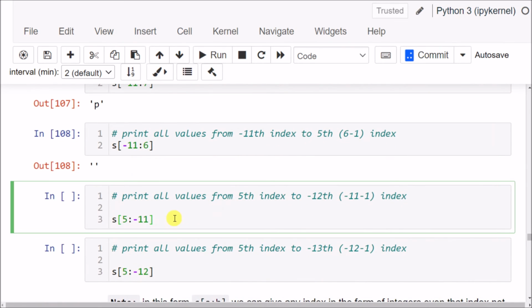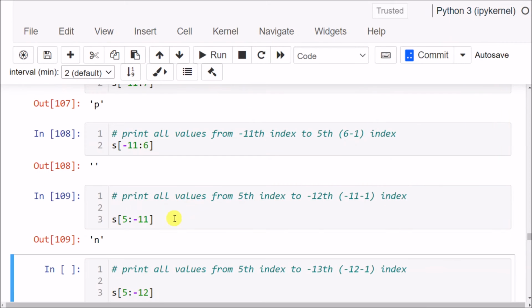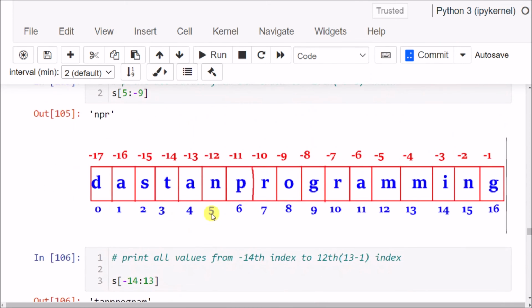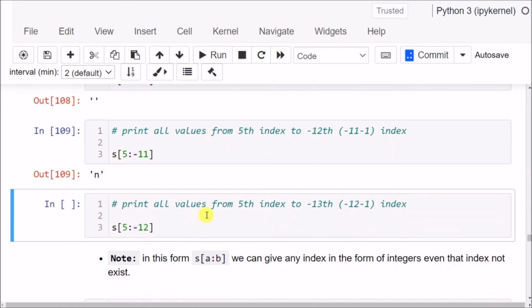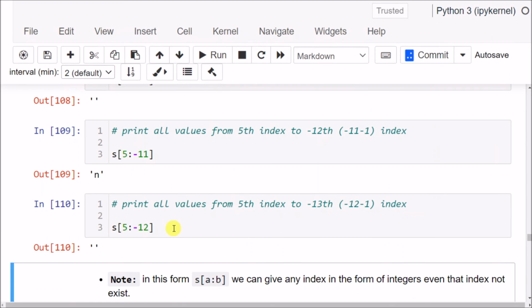Okay, and 5 to minus 11 prints the n, because here 5 to minus 11, that is here, so n will be printed. And 5 to minus 12 is the empty string because of the priority.